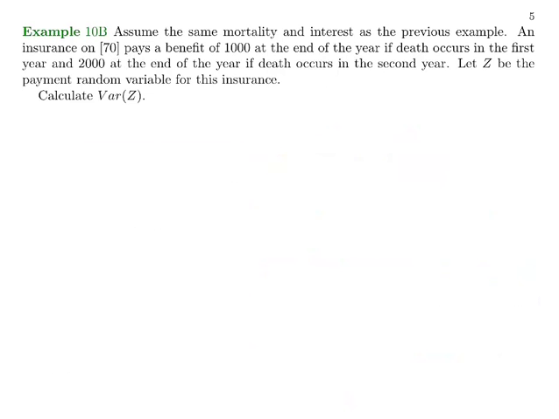We'll do one more example to illustrate the computation of the variance. So in this example, we're going to use the same mortality table as in the previous one. We've got this person who's 70 years old. Let's see, so 71 plus 1, 72.